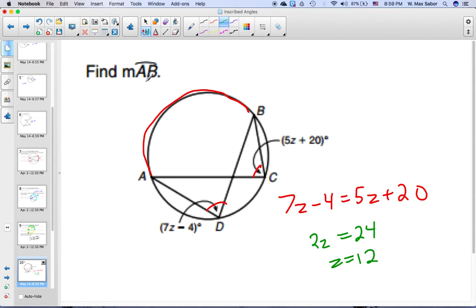The measure of arc AB, we could plug back in 12 in here. 7 times 12 minus 4 is 84 minus 4. So that's 80, and the measurement of the arc would be double that, so 160 degrees would be our answer there.